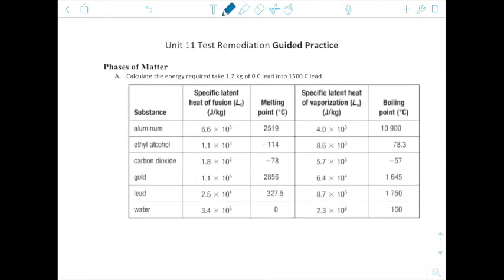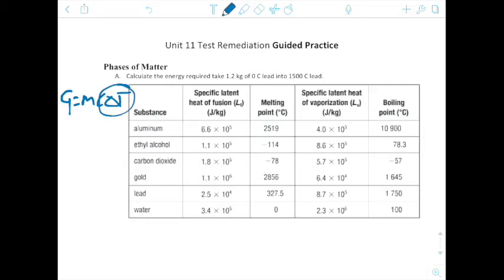Phases of matter. So we're looking at phase changes. It says calculate the energy required to take 1.2 kilograms of 0 degree Celsius lead into 1500 degrees Celsius lead. And so when we're looking at this, we're going to use two equations. We're going to use our Q equals mc delta T. We know to use this equation when temperature changes.